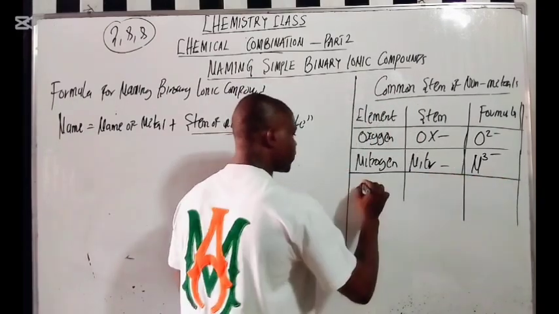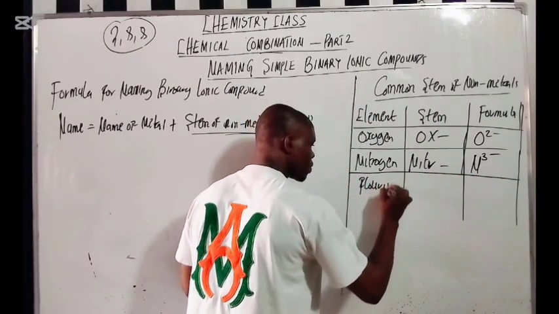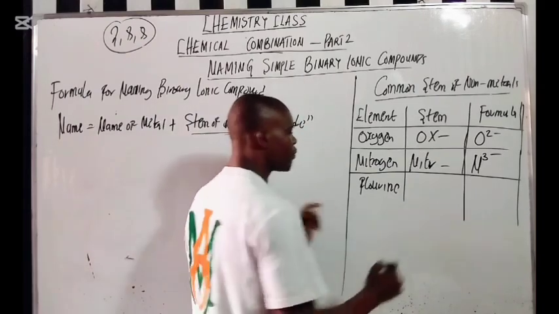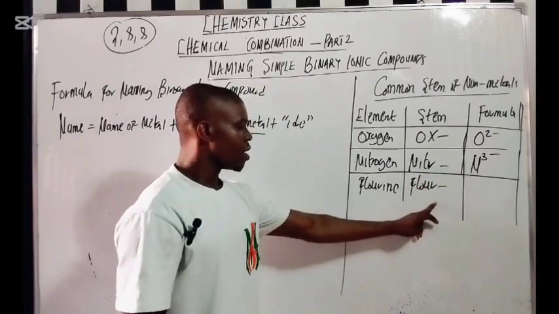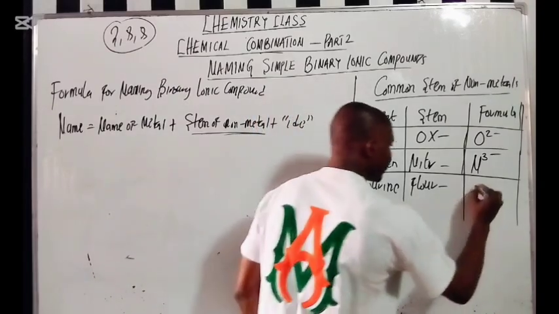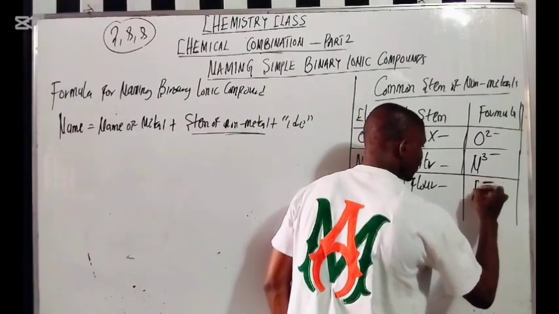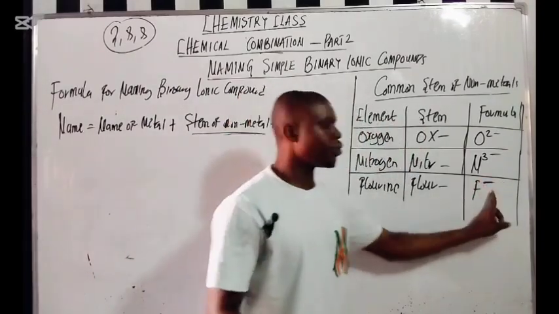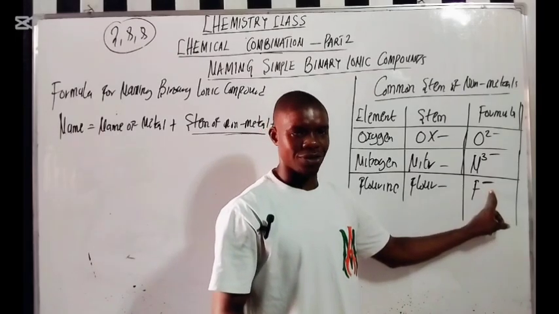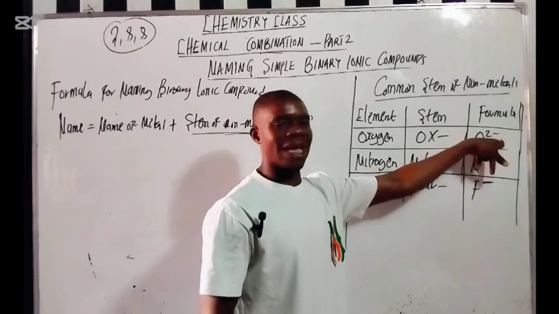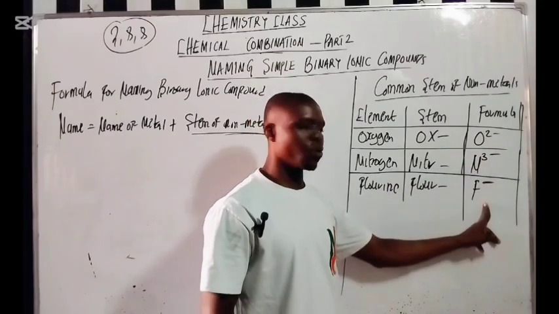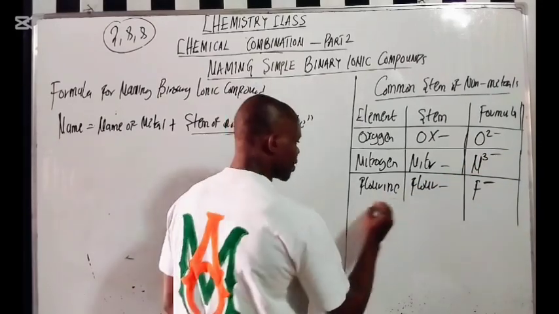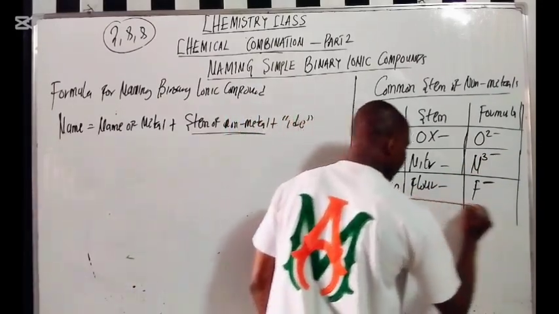Now next we're going to be on fluorine. The stem of fluorine is called fluor, and the formula is F minus. What does it mean here? That fluorine has gained 1 electron. Oxygen gained 2 electrons, nitrogen gained 3 electrons, and this one gained 1 electron.